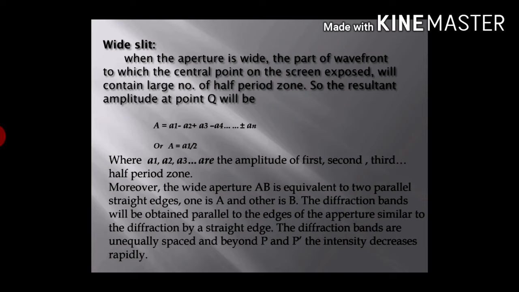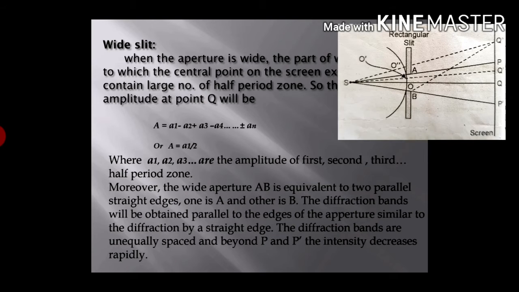Let's first discuss the wide slit. When the aperture is wide, the part of the wavefront to which the central point on the screen is exposed contains a large number of half period zones.